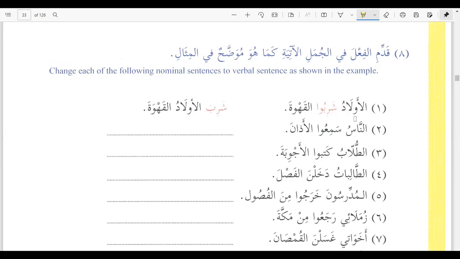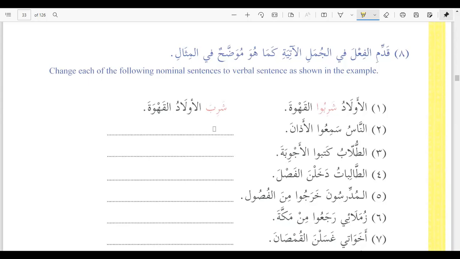Assalamu alaikum wa rahmatullahi wa barakatuh, ya Ustadh. Wa alaikum assalam wa rahmatullahi wa barakatuh. Number 1 is al-awladu sharibul qahwata. Sharibal awladul qahwata. Yes, sir.